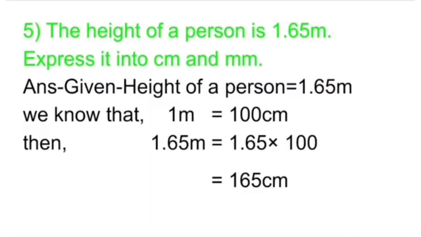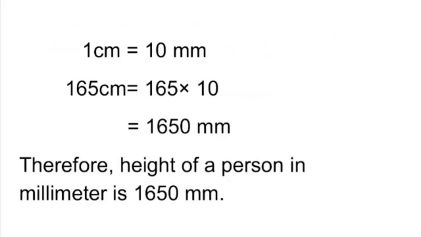So for converting it into centimeter, first of all, we should know that 1 meter is equal to 100 centimeter. So if 1 meter is equal to 100 centimeter, then 1.65 meter equals 1.65 multiply 100. This is simple mathematics. So we will get 165 centimeter.